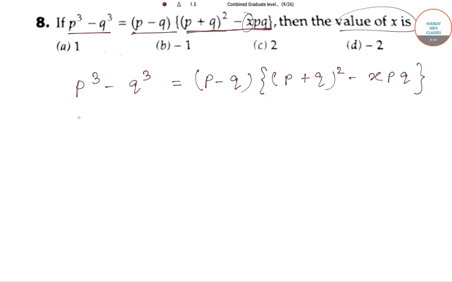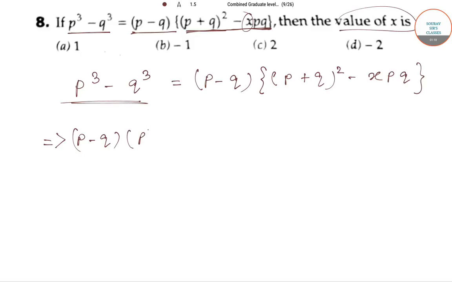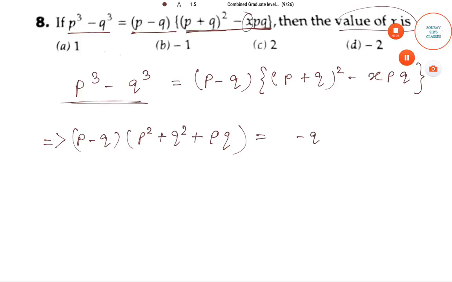Now we know the formula of p cube minus q cube, that is (p minus q) whole into (p square plus q square plus pq). So on the right hand side, we can write p minus q.